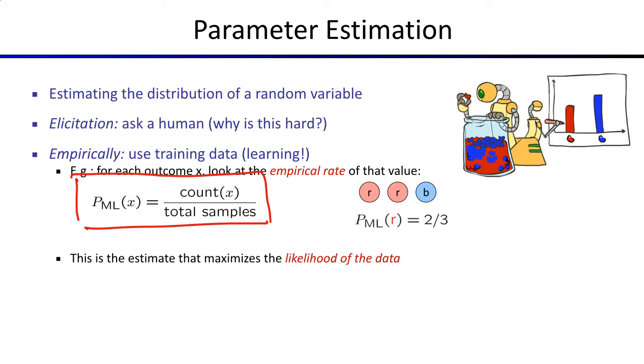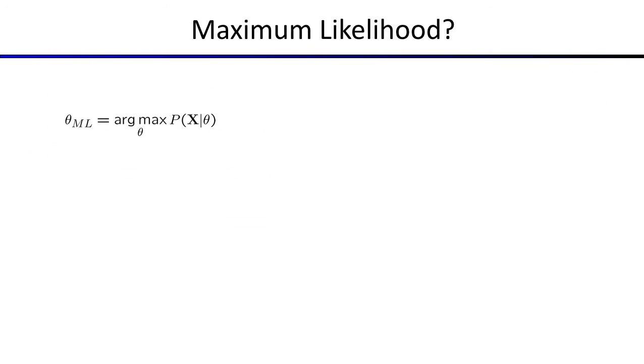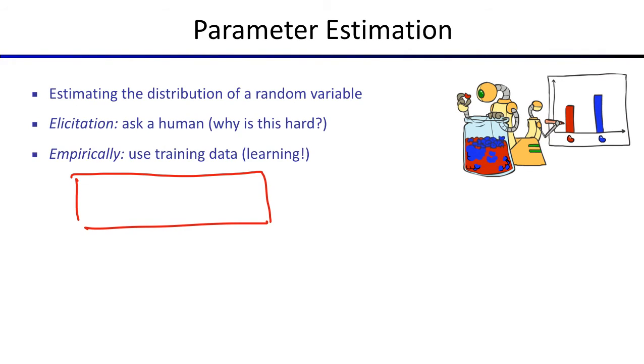If you remember when we were doing sampling, there was a quantity that we could compute about a sample that we called the likelihood of that sample. It turns out, and it's not at all obvious just by inspecting this, that in a BayesNet, if you want to assign the highest possible probability that the BayesNet will allow to all of the data points that you've seen from the world, the way to do that is by this counting procedure.